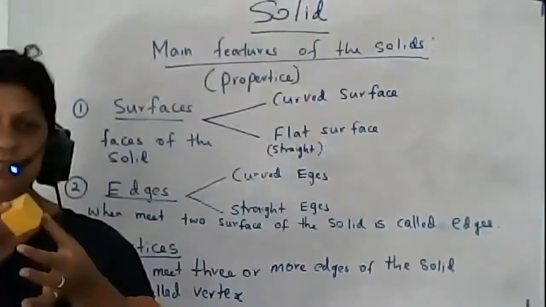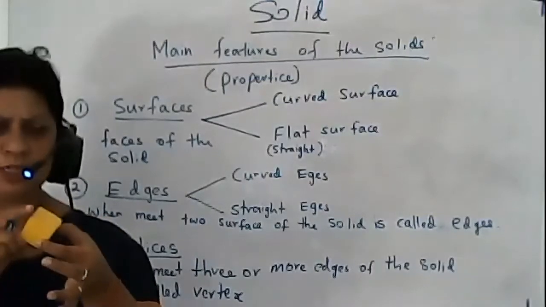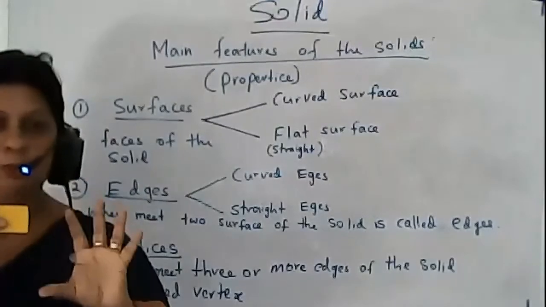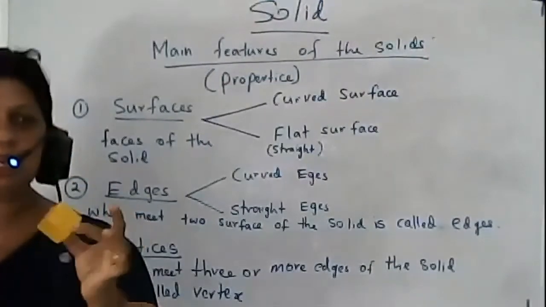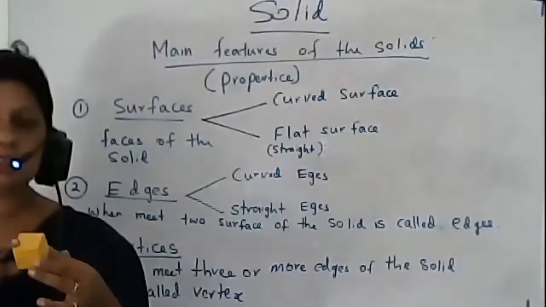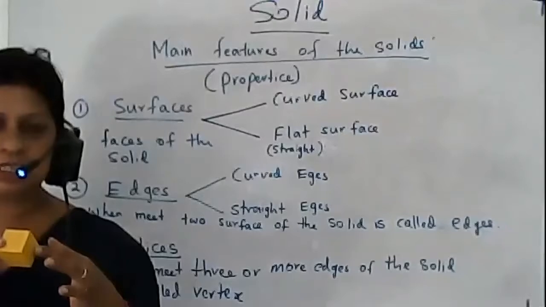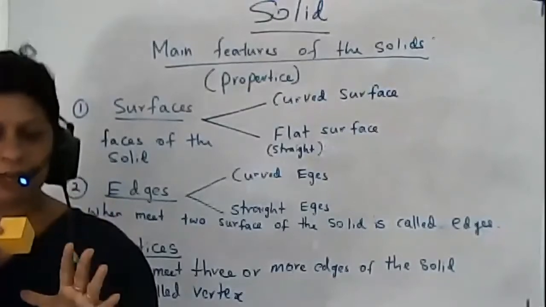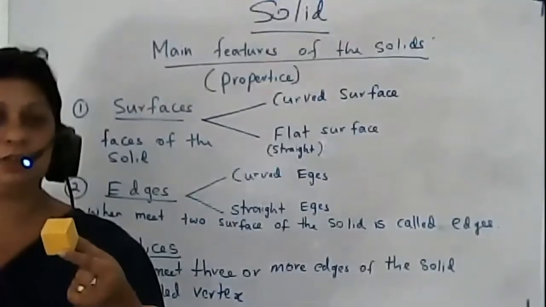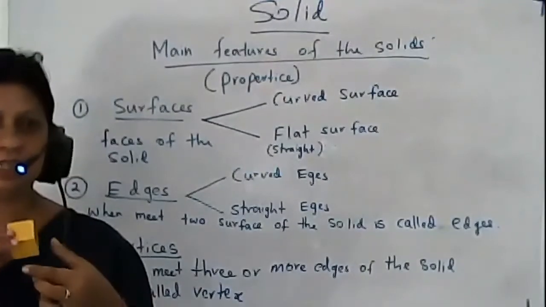Ganakaya. We call this a cube, right? Tell me the examples in day-to-day life. We are using these cubes. Die. Very good. Then the other ones? Sugar cube. Yes. Soup cubes. We are using these.